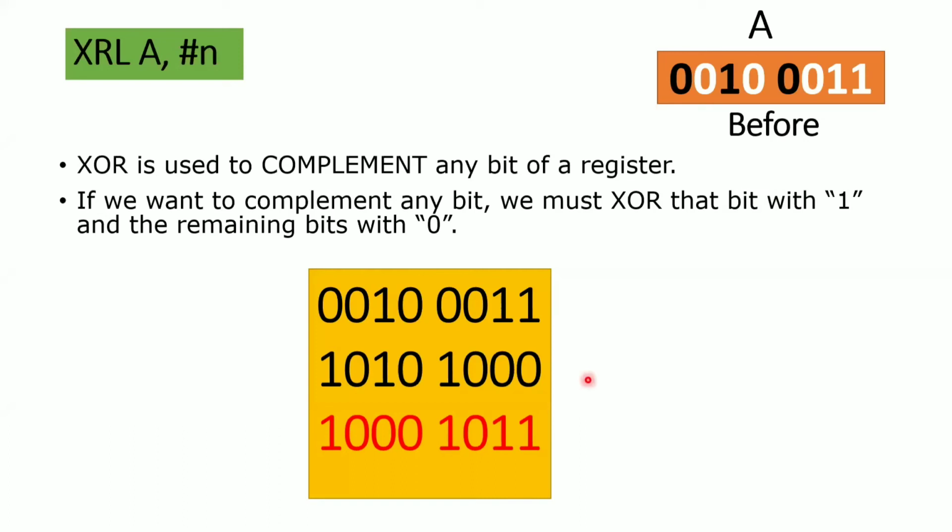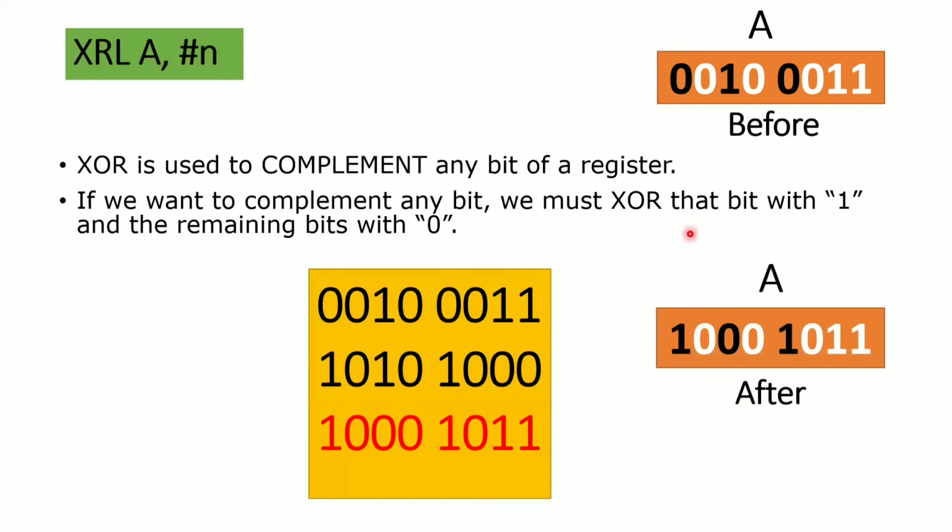Remaining bits are 0. Now perform the XOR operation, and you will get those positions complemented. In this position the bit is complemented, in this position the bit is complemented, in this position the bit is complemented. Which means without affecting any other bits you are able to complement.